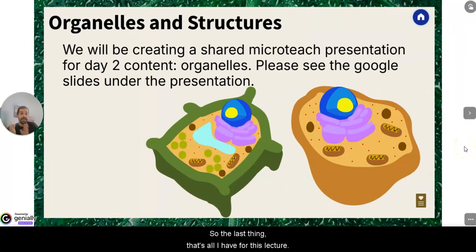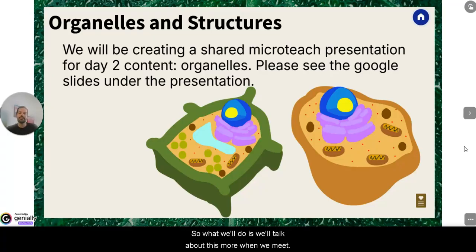So the last thing, that's all I have for this lecture. Well, almost the last thing. What we're going to be doing next is we're going to let you teach, essentially. I could just rattle off the different types of organelles and what function they have, but what's more helpful here is for you to look it up yourself.